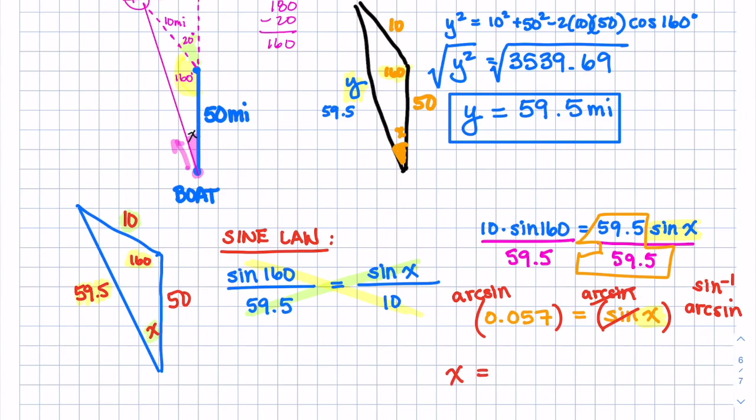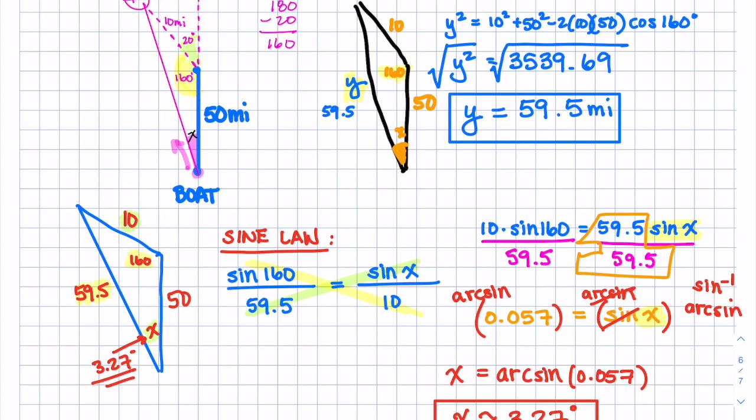So my angle is going to be the arcsine of 0.057, which I think I already remember because I looked at it a little while ago, and then ends up being 3.27, which should make sense. This angle is not super big, so 3.27 degrees. So they would need to send whatever rescue team out 3.27 degrees to reach the boat that they need to rescue.